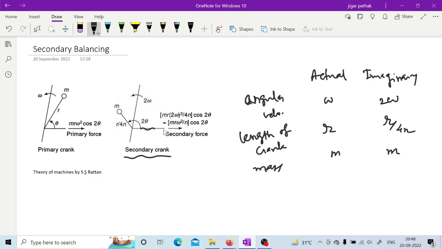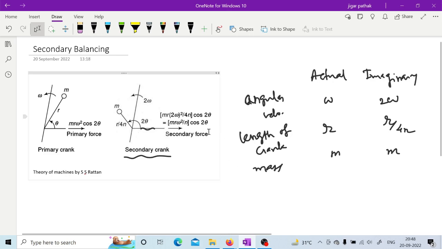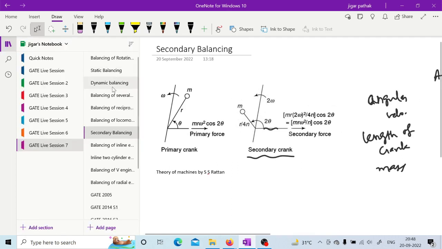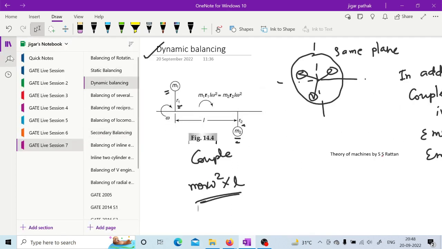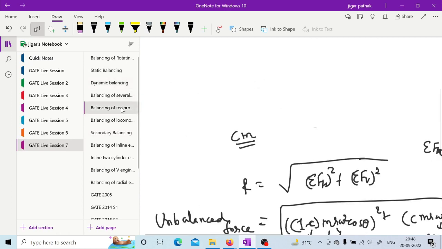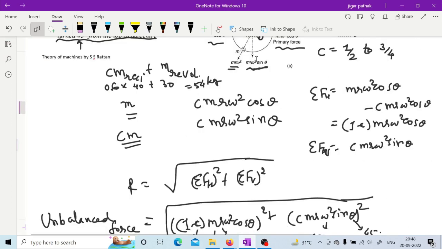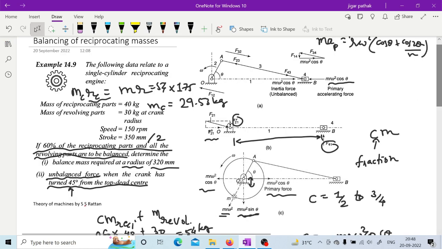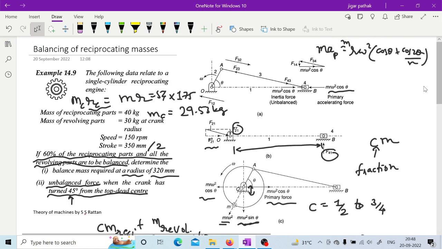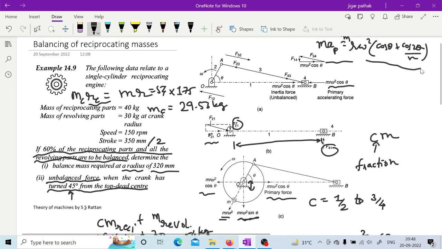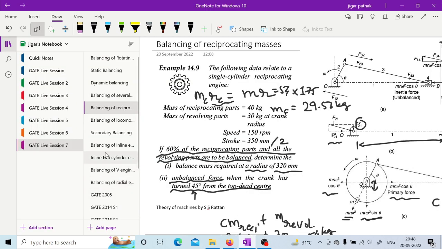So basically secondary balancing is M R omega square by n into cos 2 theta that we have seen on the very first page, for the reciprocating mass, where it has M R omega square, cos theta plus cos 2 theta by n. Can you see this? Yes, sir. Okay, so this is how we have secondary balancing.